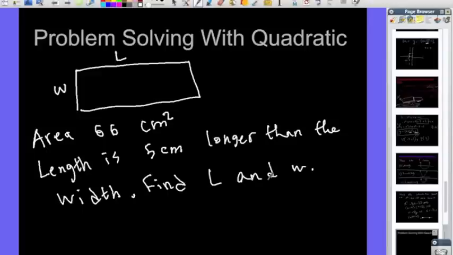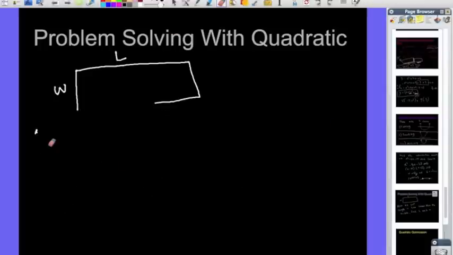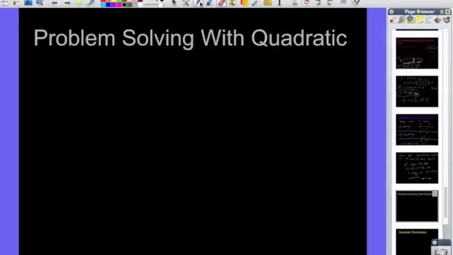You could probably find this by using normal ways, but we want to solve this question using quadratics. So what you need to do, sorry about that, here, I'm gonna erase this since it takes a lot of space. We know that area is 66 and the length is 5 centimeters longer than the width.